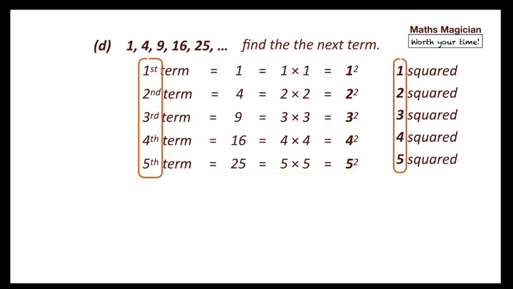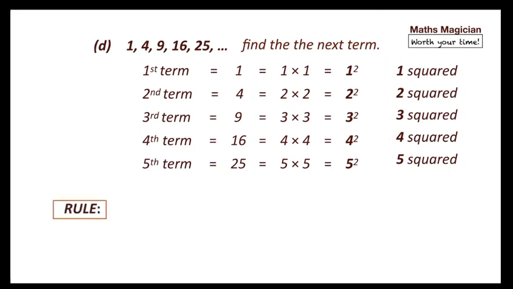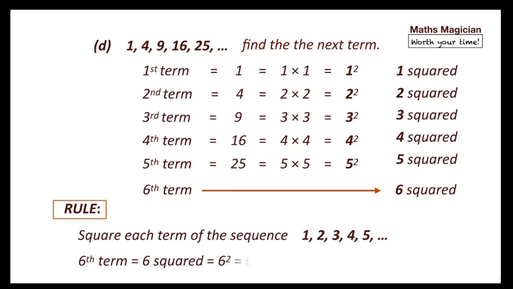Now these are the term numbers, 1, 2, 3, 4, 5. When we square them, we get the terms of the sequence. Hence the rule is: square each term of the sequence 1, 2, 3, 4, 5 and so on. And so sixth term, which is term number 6, will be 6 squared. Hence we have sixth term equal to 6 squared, which is 6 multiplied by 6, equal to 36.